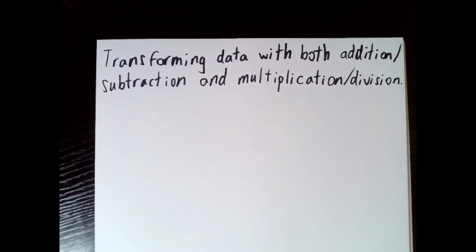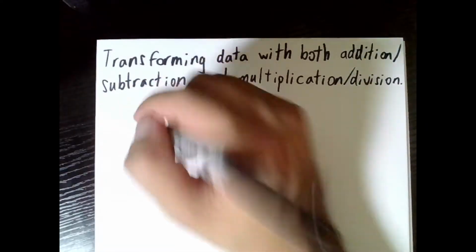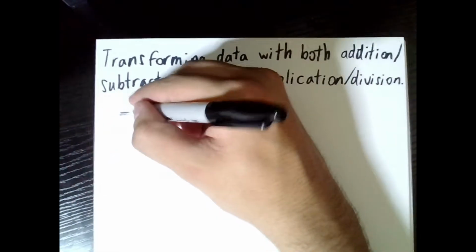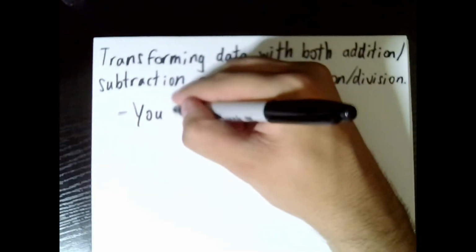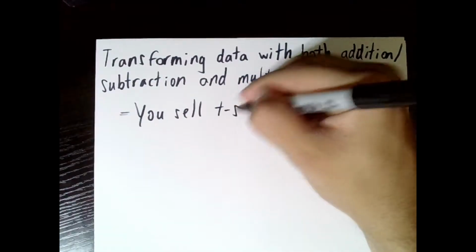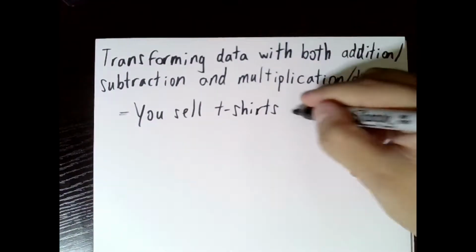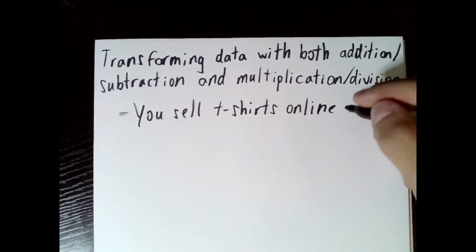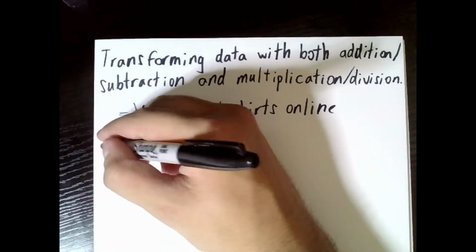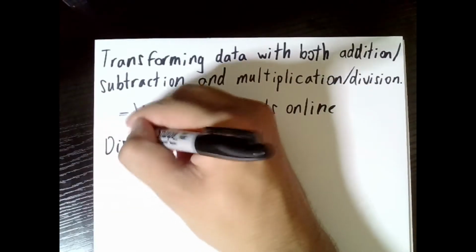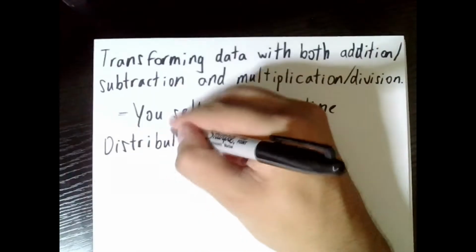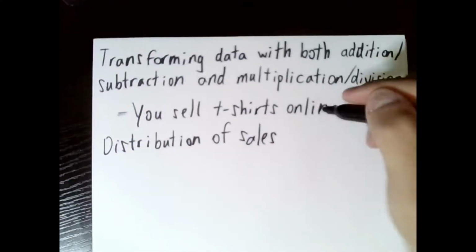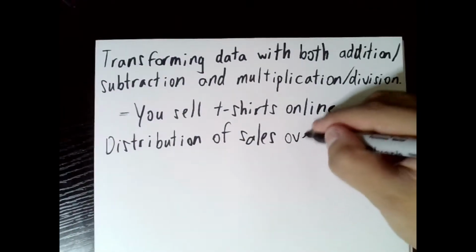So in the last video, we said suppose that you sell t-shirts online, and you're going to look at the distribution of sales over the last 10 days.